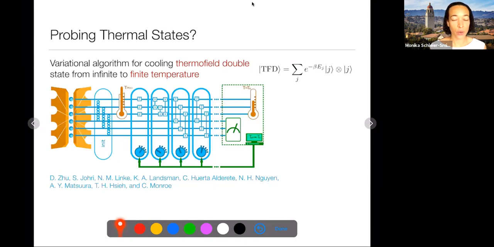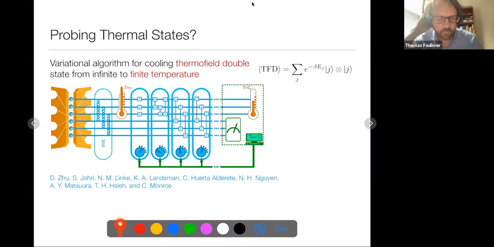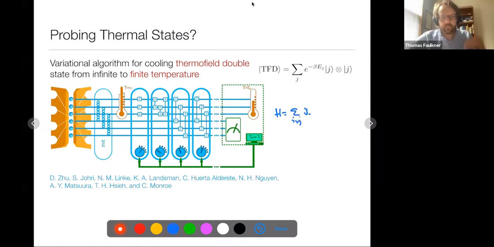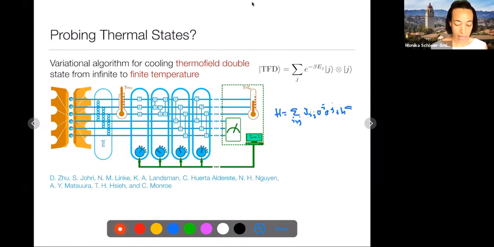Yes, yeah. For 3 qubits or 6 qubits for the double system, you can. So I think the point is more if you wanted to scale this up to a regime where you can't compute what parameters would take you to this state, you can nevertheless measure the expectation value of the energy, because if my Hamiltonian is just the sum over ij, J_ij sigma_i sigma_j, plus h, sum over i, sigma x sub i or something, right?